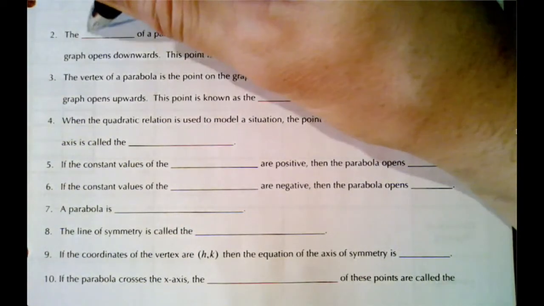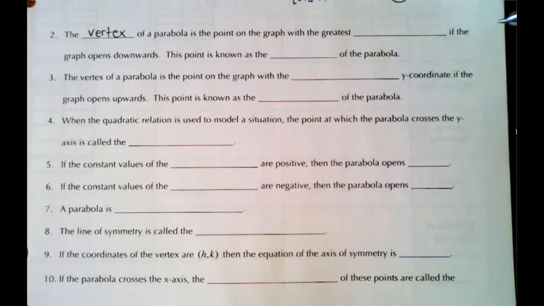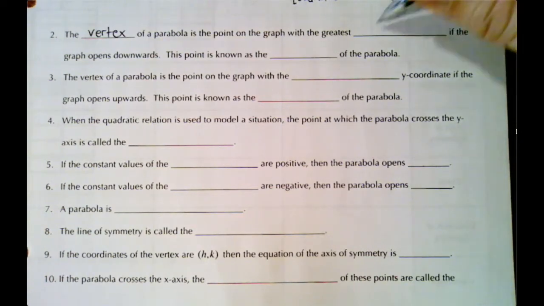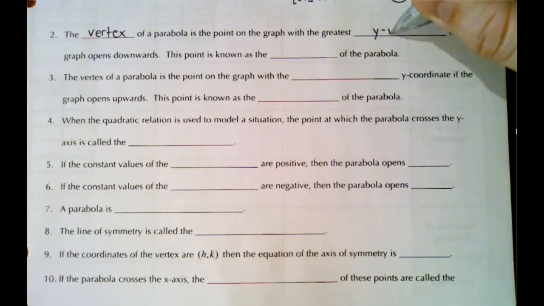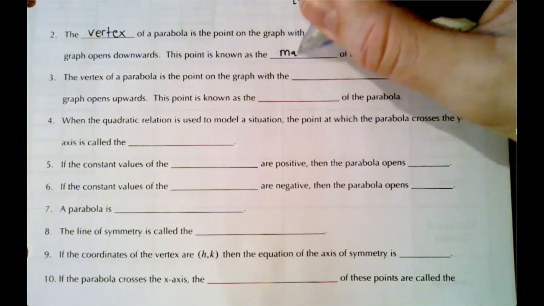The vertex of a parabola. We know vertexes as corners of shapes. It's the point on the graph with the greatest value of y if the graph opens down, and this point is known as the maximum.